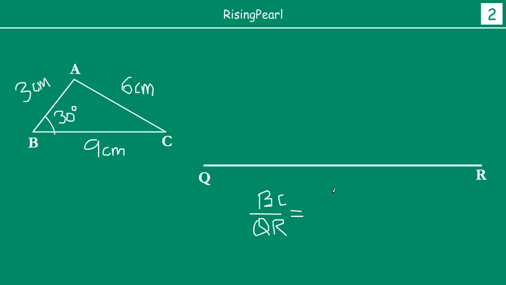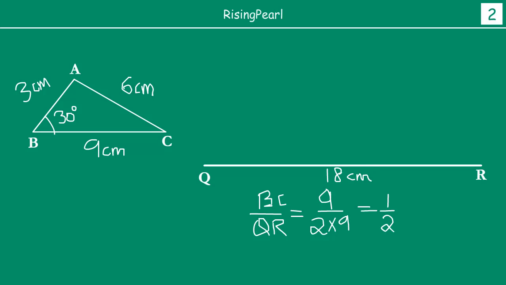And BC is 9 centimeter. So I want to draw something which is 2 times 9 centimeter, right? So my ratio will be 1 by 2, right? That means I want to draw this 18 centimeter. So I draw a line QR. So BC is a horizontal line. So I draw a horizontal line QR, and I draw it so that it measures 18 centimeter.